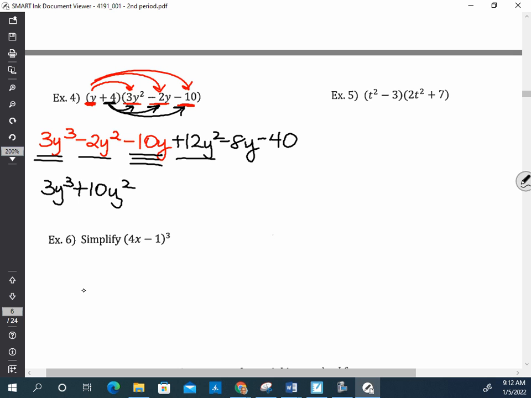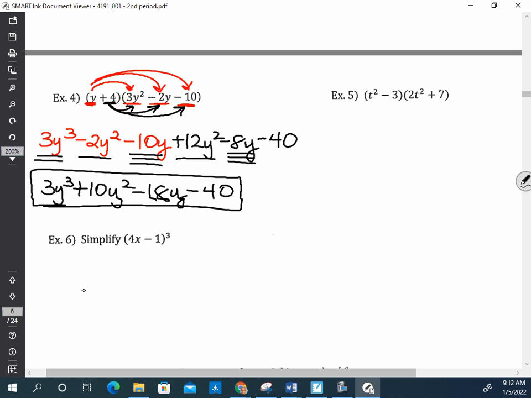Negative 10y, does it have anyone to go with? Negative 8. So that's negative 18y. And then minus 40. So it's already in standard form. So there you go.